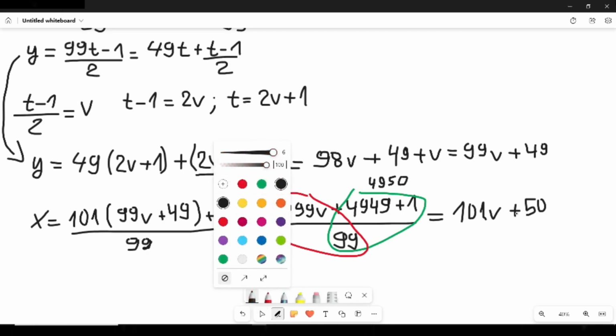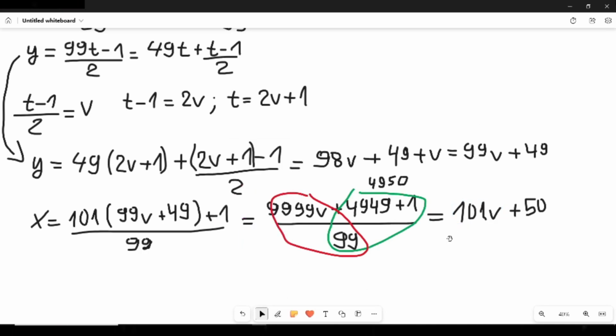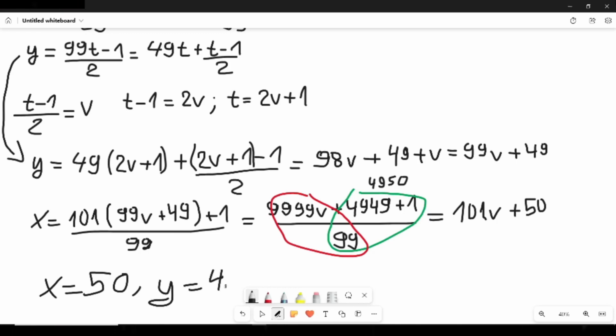Simple as that. And from these statements we can say how much are x and y. Of course, x, we need x right now, is going to be 50, and y is going to be 49.